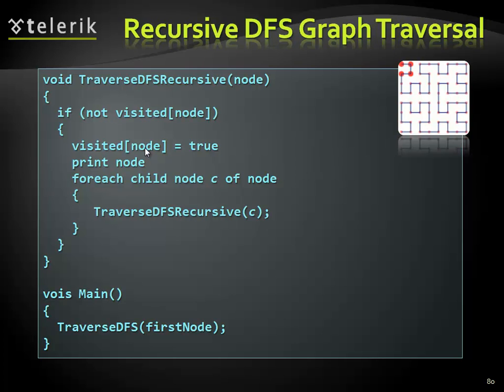So yeah, a depth first search recursive traversal. The easiest traversal of a graph. If the node which we have to visit is not visited, then you say it is visited, you print it, for example. You could not print it. And for each child or for each neighbor of that node, go to that node.